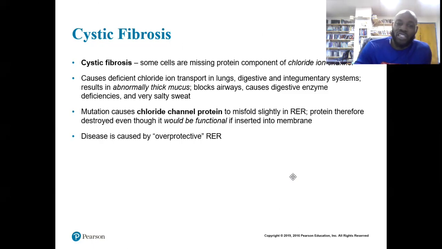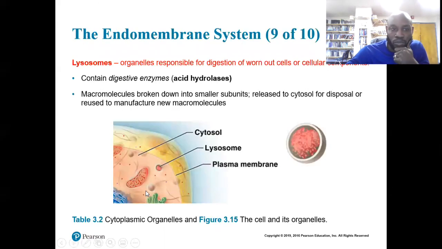Therefore, the protein is destroyed, even though it would be functional if inserted into the membrane. The disease is caused by an overprotective rough endoplasmic reticulum. Remember, we talked briefly: if a protein is not folded correctly, the rough endoplasmic reticulum destroys it. Well, this protein is needed so that chloride can get into and out of your cells. So it's a very destructive disease.